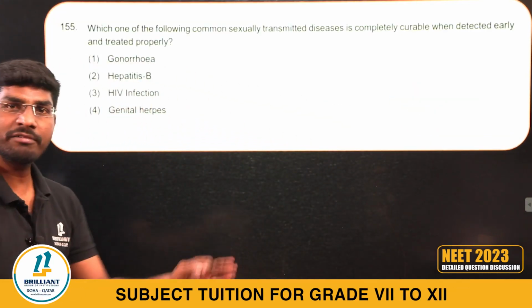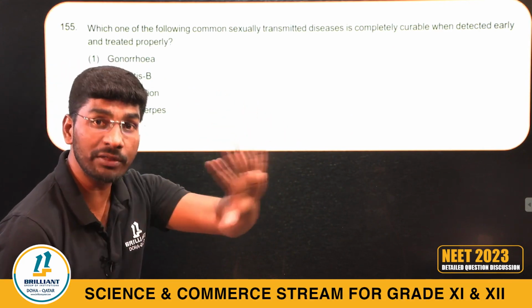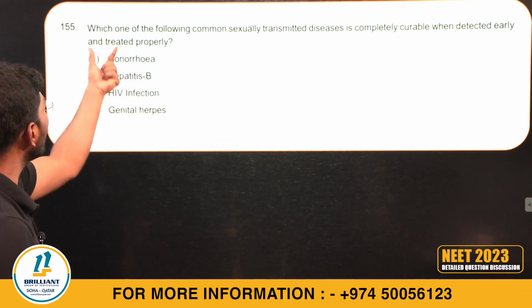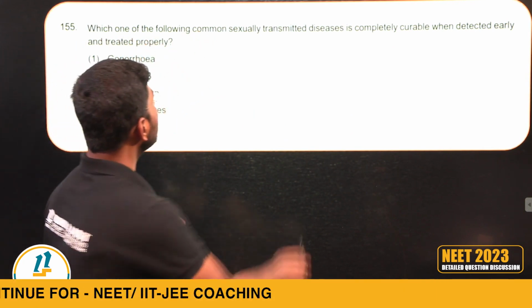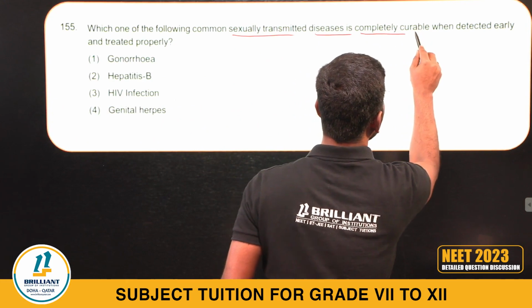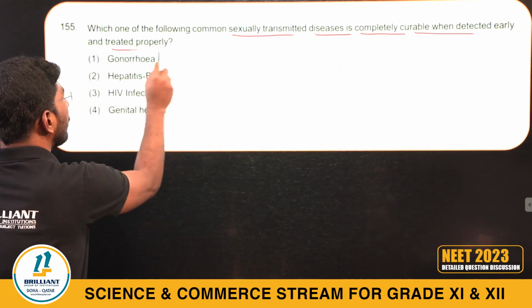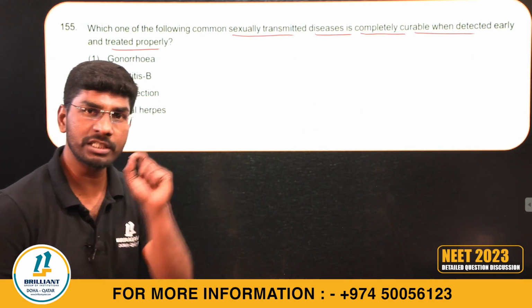155. Zoology questions are easy questions. I hope you all have done this question in the examination. Which one of the following common sexually transmitted diseases is completely curable when detected early and treated properly? Reproductive health chapter.